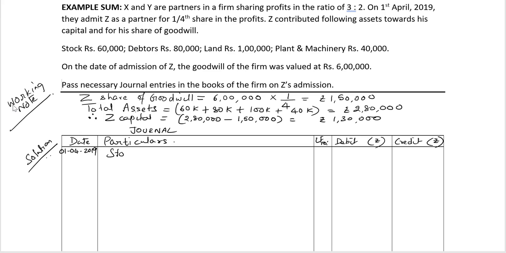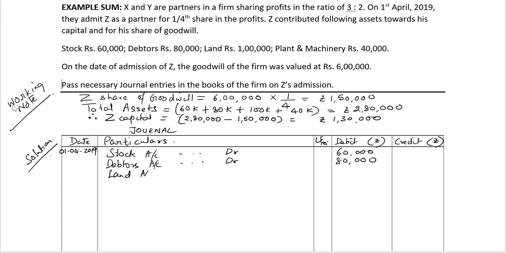We'll debit all the assets brought in by Z. Stock account, debit 60,000 rupees. Debtors account, debit 80,000 rupees.